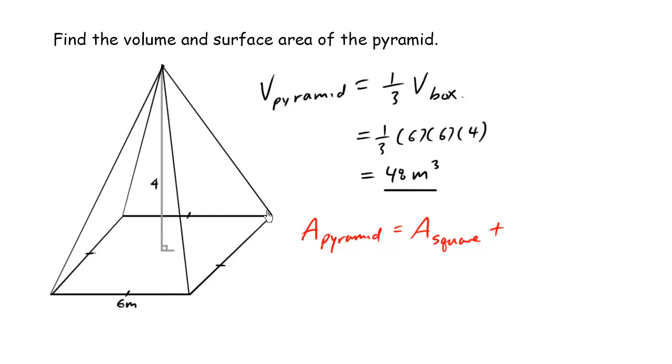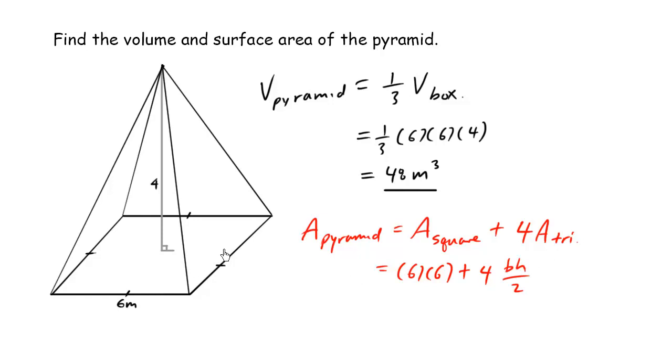Because we have a square base, all 4 triangles are identical, and these triangles are leaning sideways a bit. So this is going to be 4 times the area of these identical triangles. The area of a square is going to be 6 times 6. And the area of a triangle, the formula you should memorize, is base times height divided by 2.